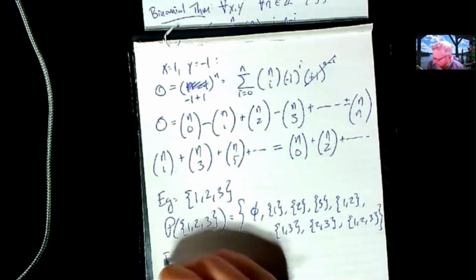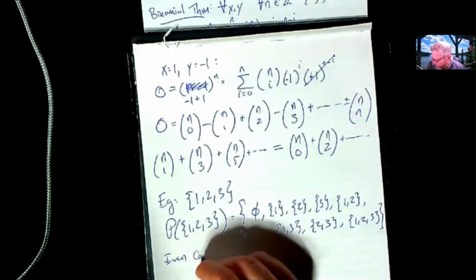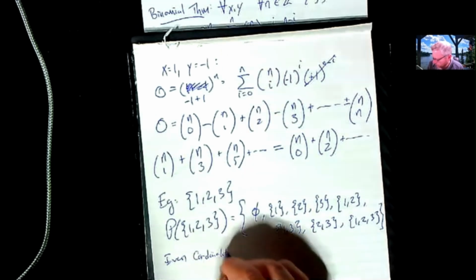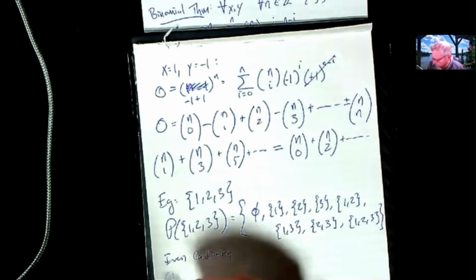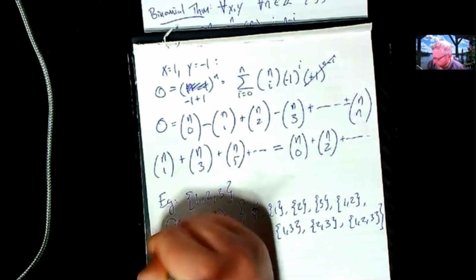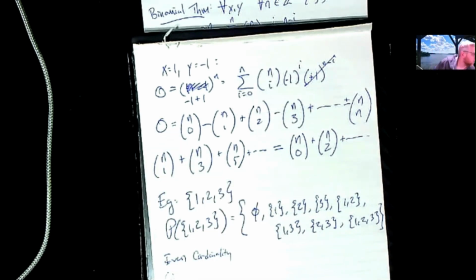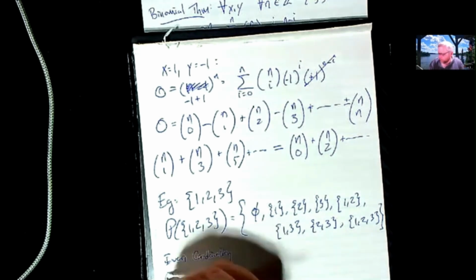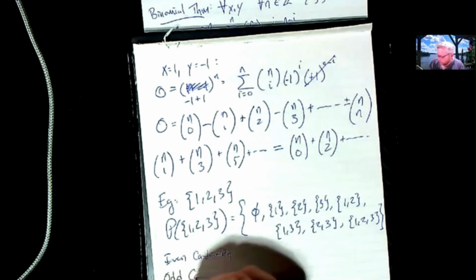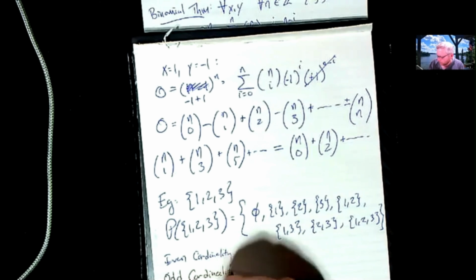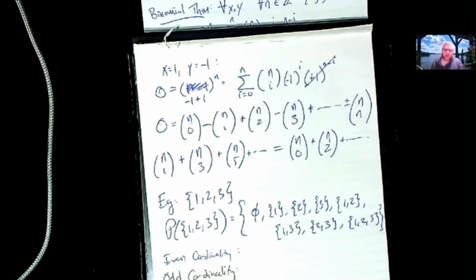How many have even cardinality? How many have odd cardinality?